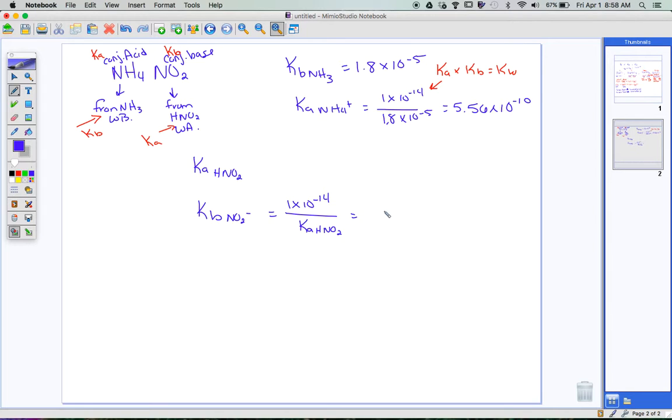And then you will compare this Kb with this Ka and figure out which one was larger. I don't know off the top of my head. Whichever one was bigger would dictate the pH, and then that's what you would do your equilibrium with.